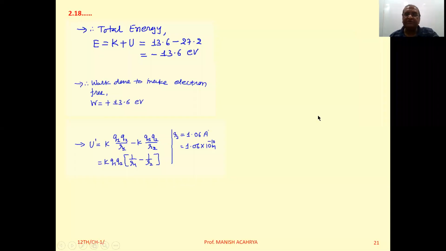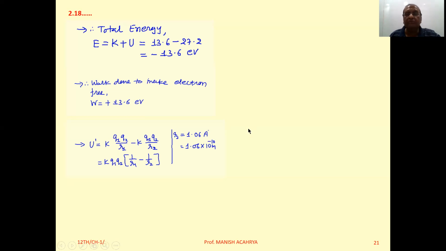Now see, in the first question, it was given to you that the reference position we have to take at infinity. So at infinity, the potential energy is 0. So this second term was not taken in that first question. But now in the second question, it is given to you that we have to take the reference position as the separation 1.06 angstrom.